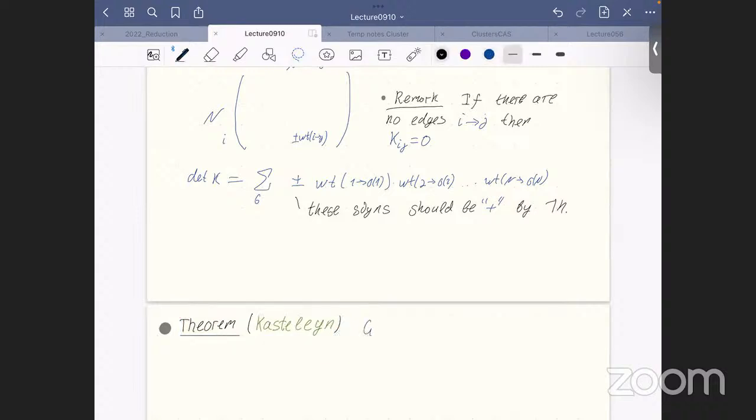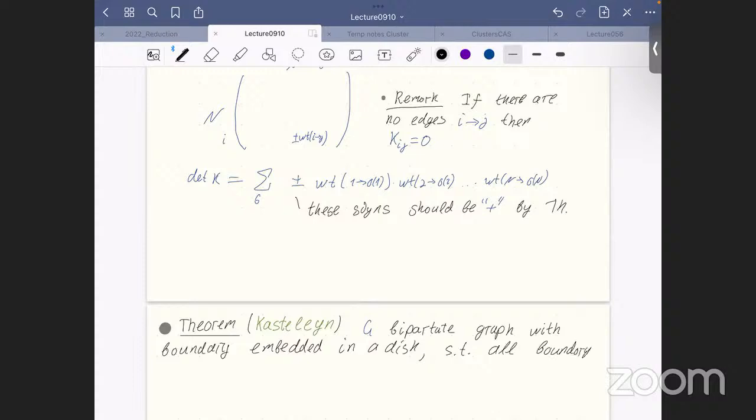Again, G is a bipartite graph with boundary, embedded in a disk, such that all boundary vertices are white.